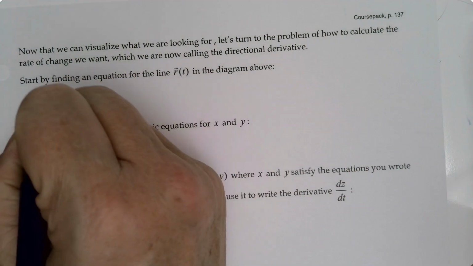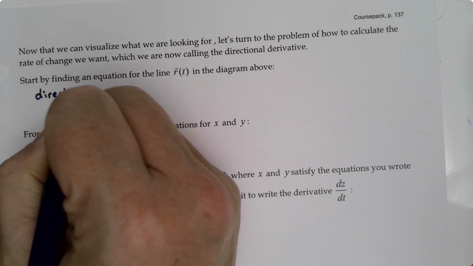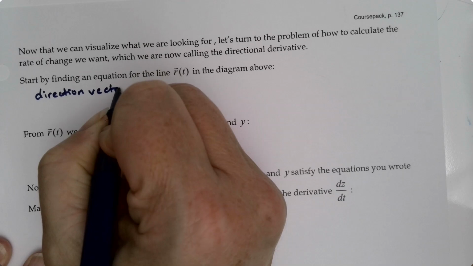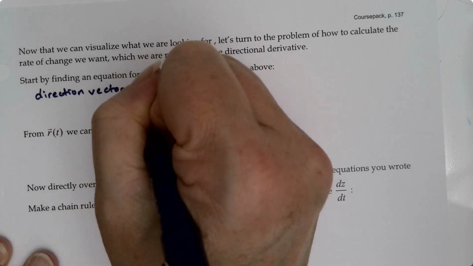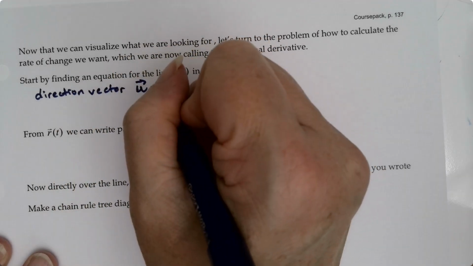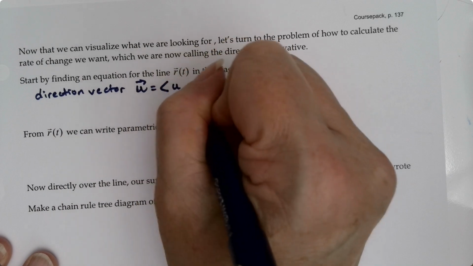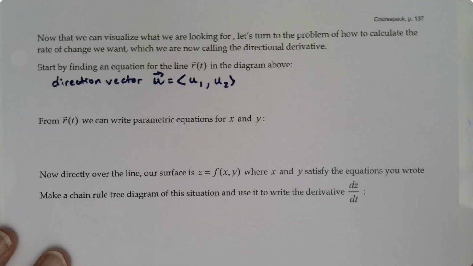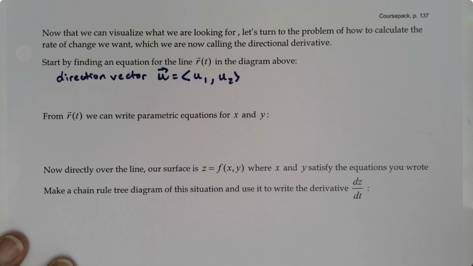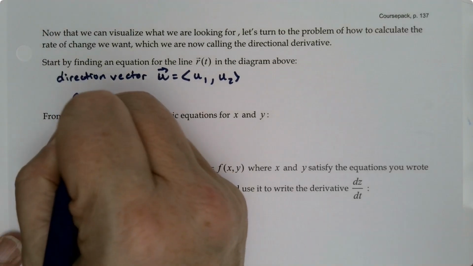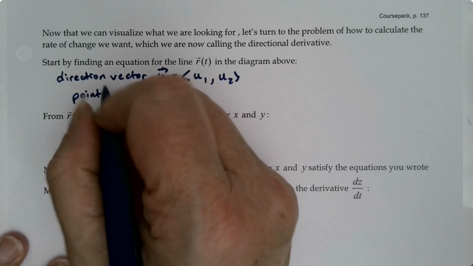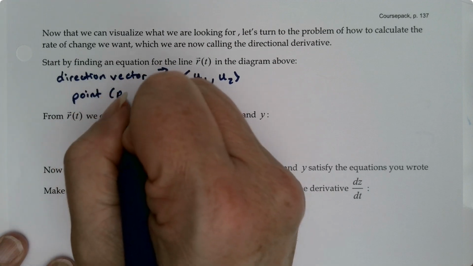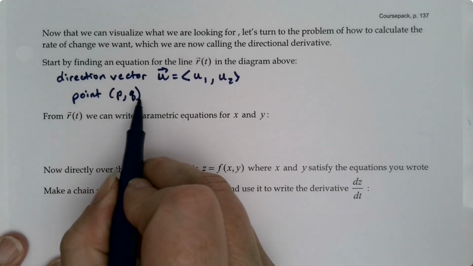So we need a direction vector, which we have, right? It'll be u. And usually we abbreviate u. We'll do u1 and u2, right? So it'll have a couple coordinates because it's on the xy plane. It technically doesn't have to be the xy plane. It can be any plane, but it's always easier for us. And then we need a point (p, q), which we have, right?